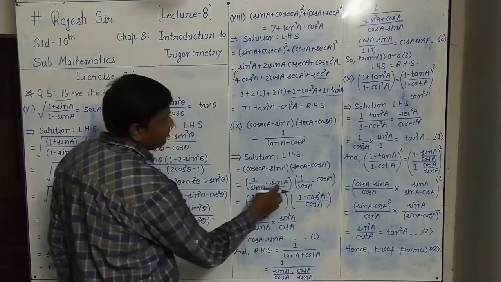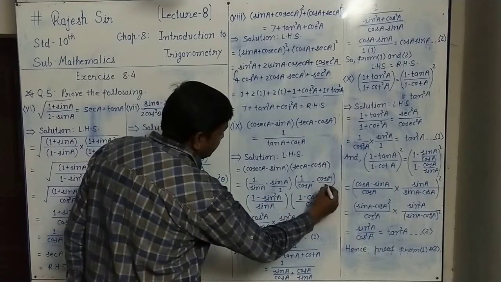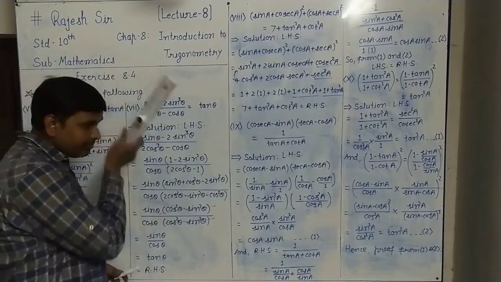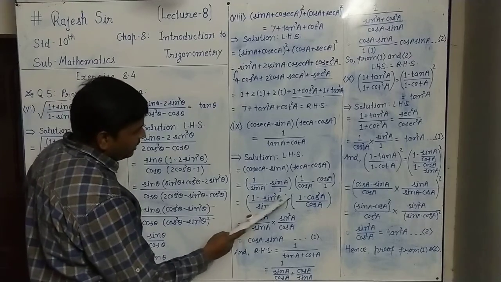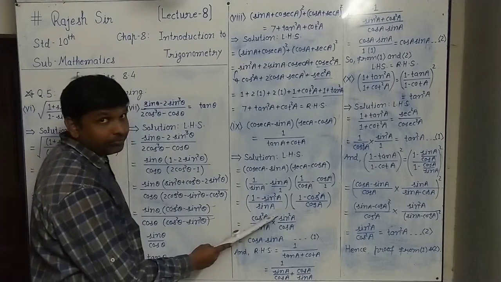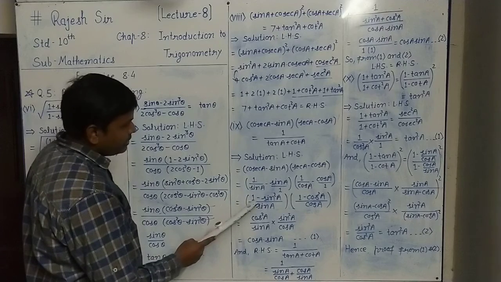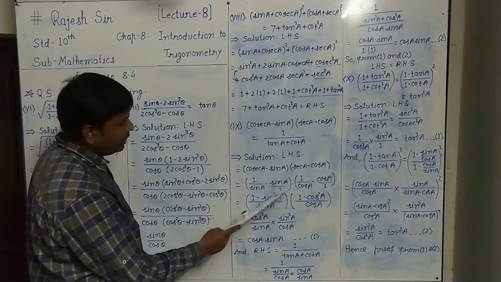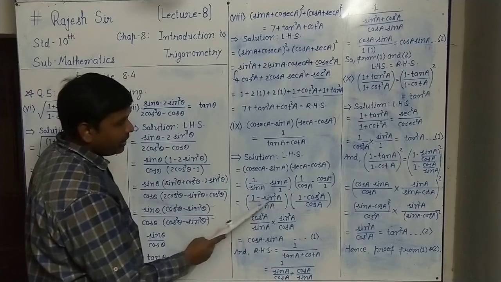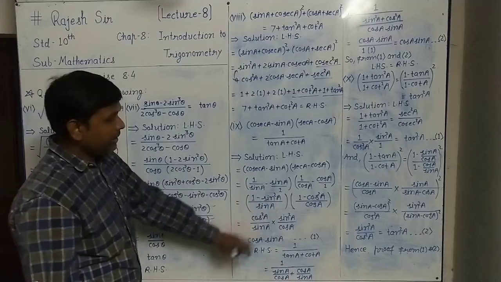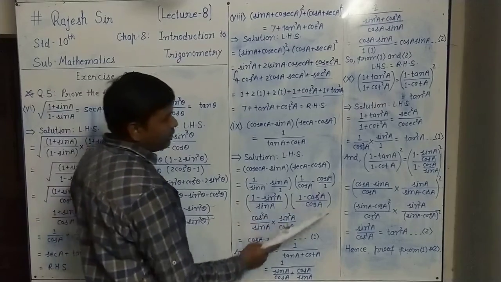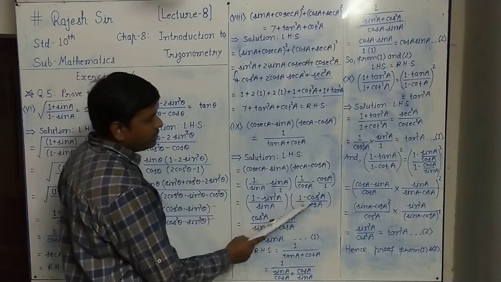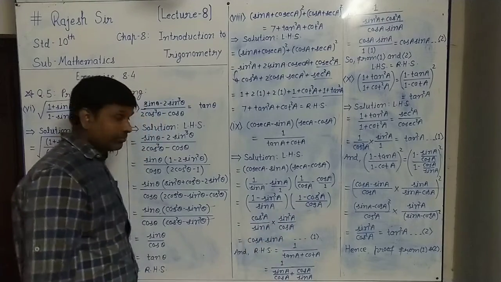We can take sin a upon 1 here and cos a upon 1 here for the fraction solution. So in this bracket, with denominators sin a and 1, the LCM will be sin a only. So 1 minus, cross multiply, sin a into sin a is sin square a: 1 minus sin square a up there and LCM sin a down there. Similarly in this bracket, the LCM is cos a, cross multiply: 1 minus cos a into cos a, cos square a.